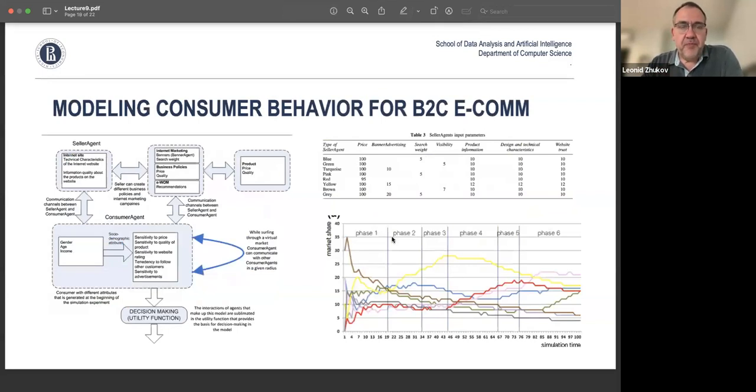Here's another example. We can actually model the behavior of different consumers, in this example for large B2C commerce, where you look at different prices, product information, and all kinds of information, trying to simulate and predict.